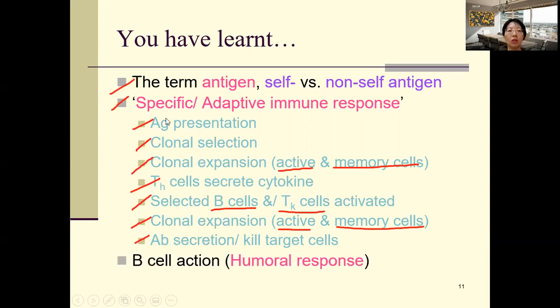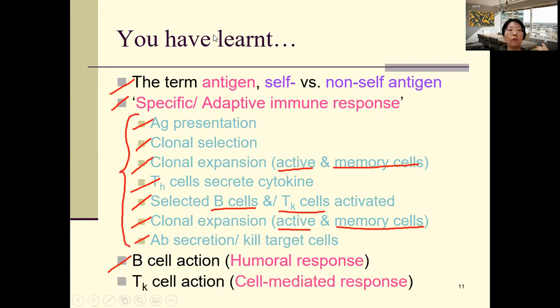So this whole series of steps is the sequence of steps involved in the immune response in our body, which can be further divided into number 1, humoral response, which involves B cell activation in order to secrete antibody, or number 2, which involves TK cell activation.